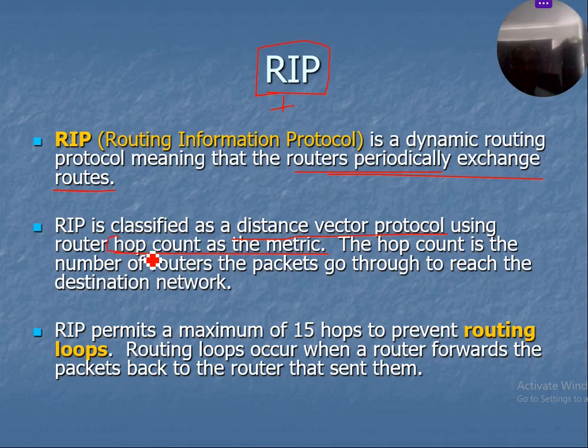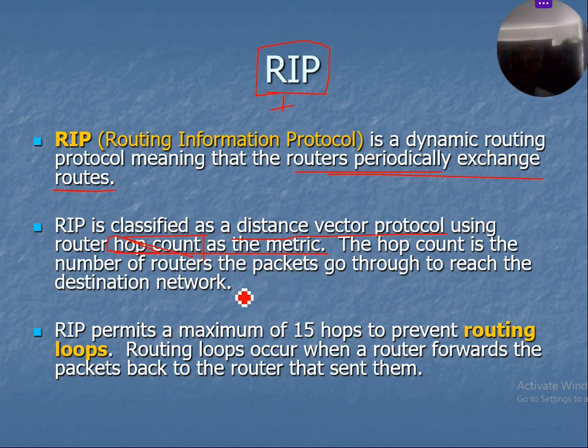Hop count is the metric that the distance vector routing protocol normally uses. There are several metrics that can be used, but the metric in this regard is the hop count.